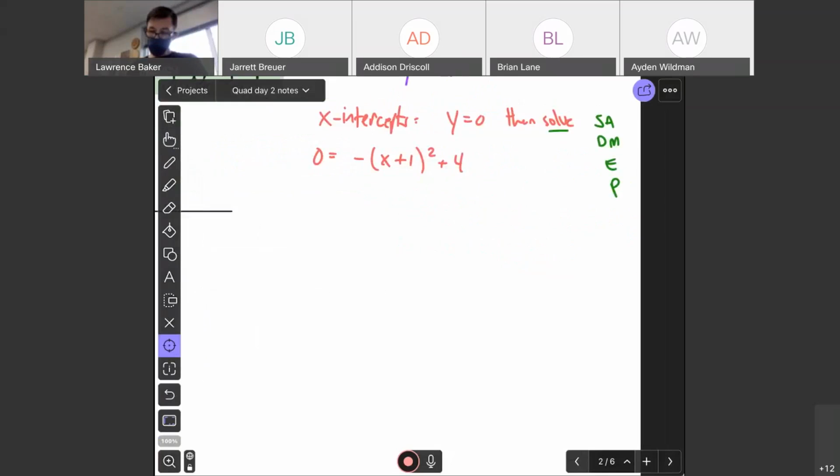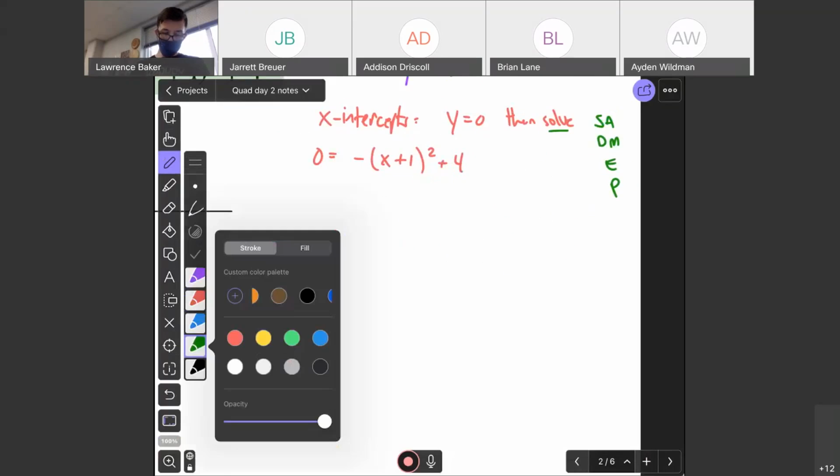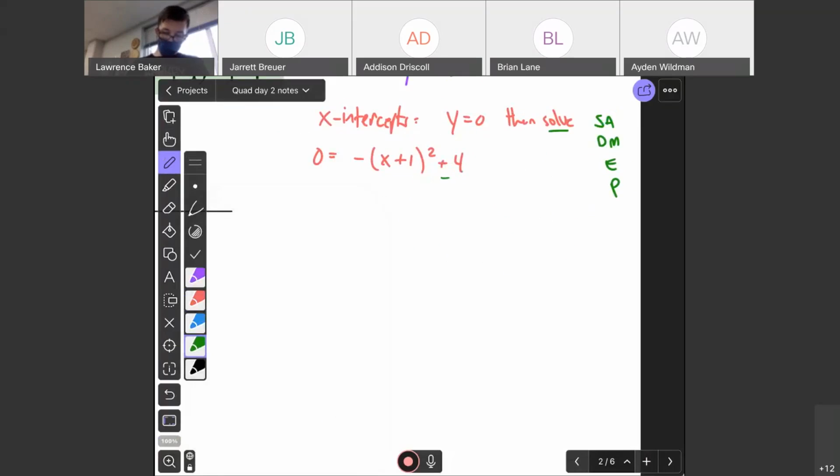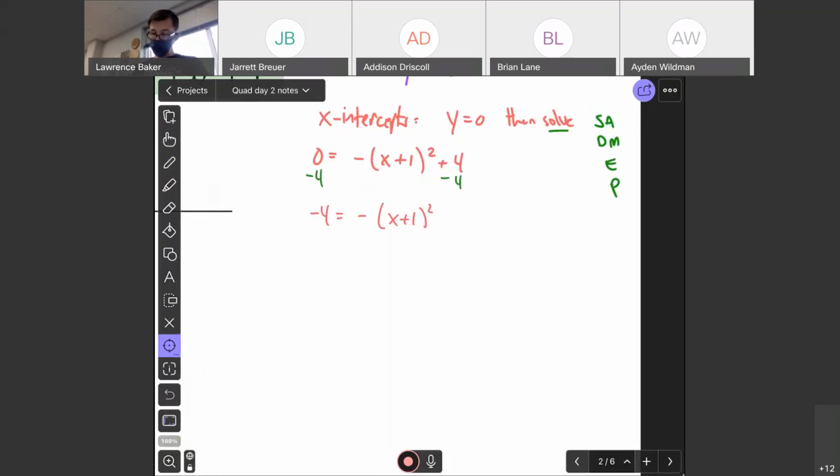So I'm looking for any subtraction or addition to get rid of first, that's on the outside of the parentheses. So I've got this 4 here to get rid of. Negative 4 equals negative (x plus 1) squared. Now that the subtraction and addition outside the parentheses is done, I need to look for any division or multiplication that's on the outside of the parentheses.